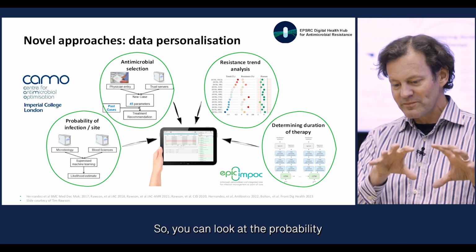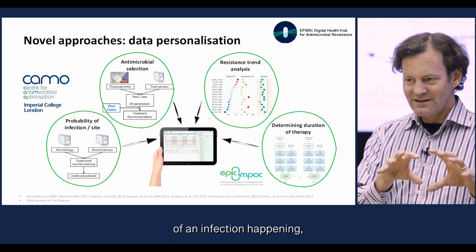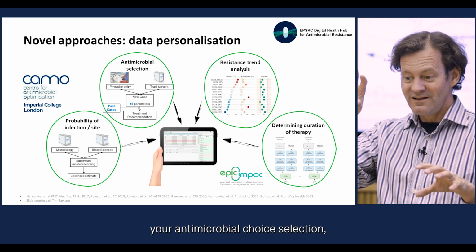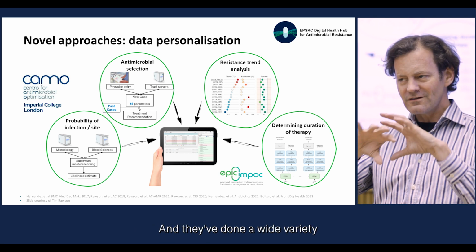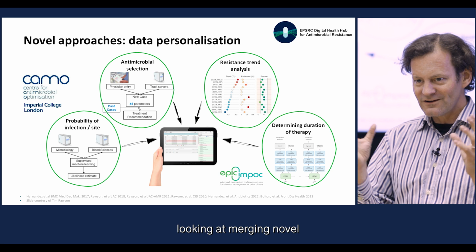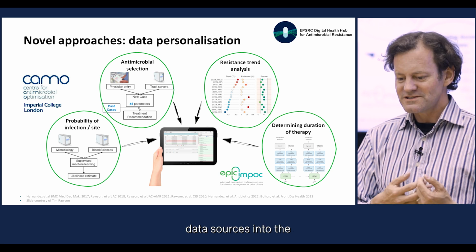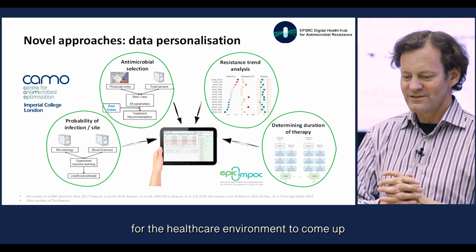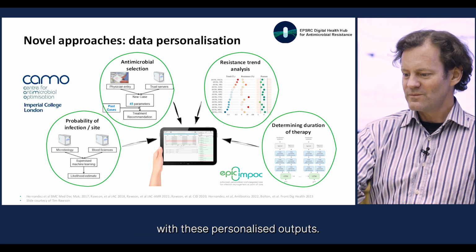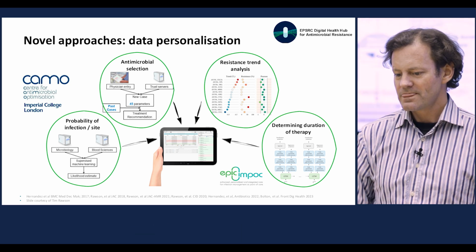So you can look at the probability of an infection happening, your antimicrobial choice selection, the likelihood of a sample being resistant, determining the duration of therapy. And they've done a wide variety of different work, again, looking at merging novel data sources into the routine data collection for the healthcare environment to come up with these personalized outputs.